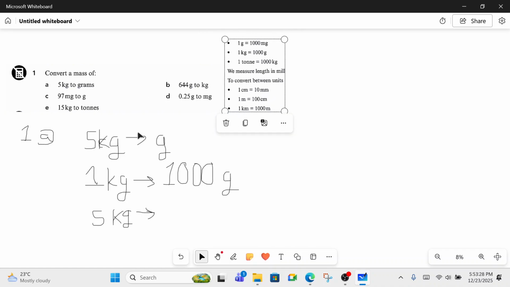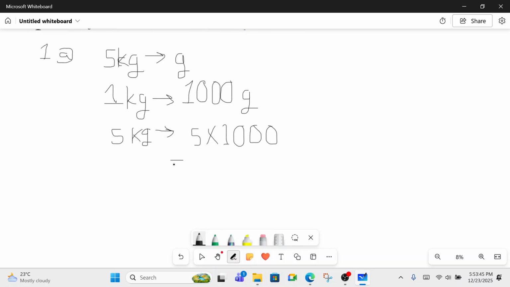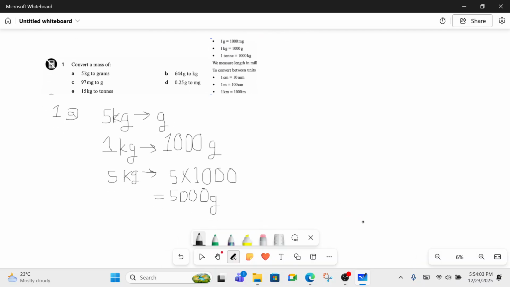So as I was saying, 1 kilogram represents 1,000 grams, so 5 kilograms represents 5 times 1,000, which gives us an answer of 5,000 grams. This was our answer for part A. Pause the video, take your time, understand the answer, and let's move on to the next question.